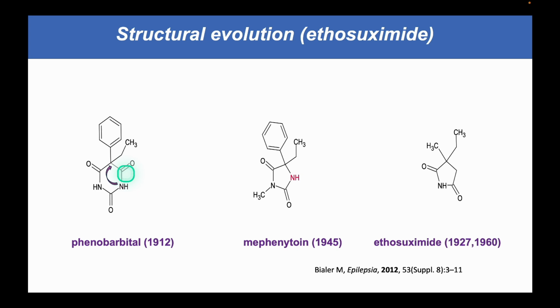It can be visualized that a 5-membered ring corresponding to a substituted hydantoin is obtained, specifically mephenetoin, and by substituting the indicated nitrogen atom with carbon, we obtain a substituted succinimide, in this case, ethosuximide, whose synthesis was reported in 1927, but it began to be used clinically only in 1960.